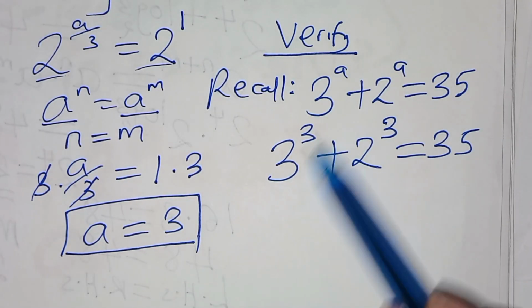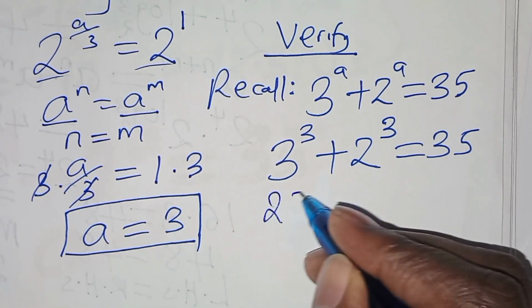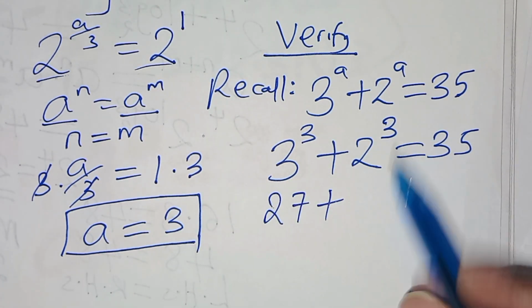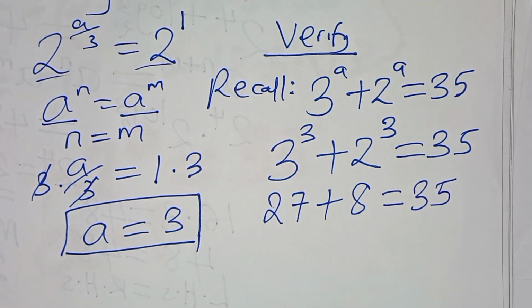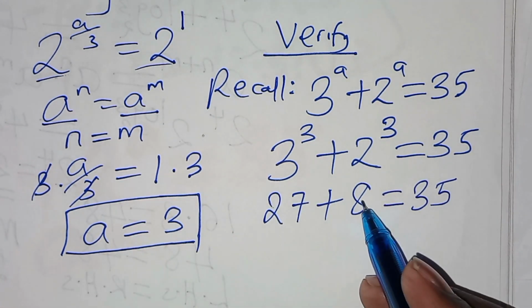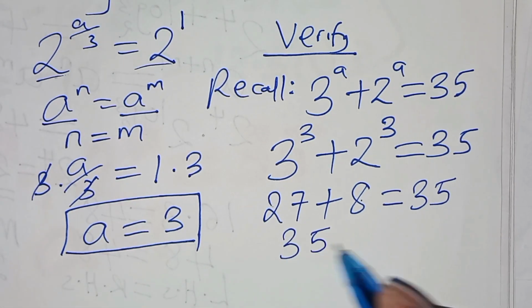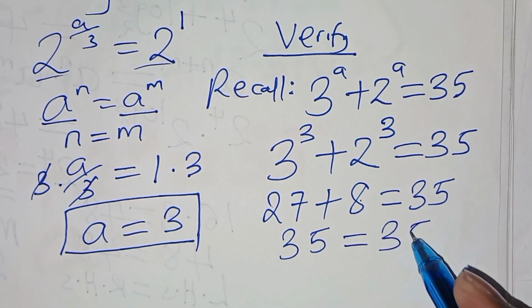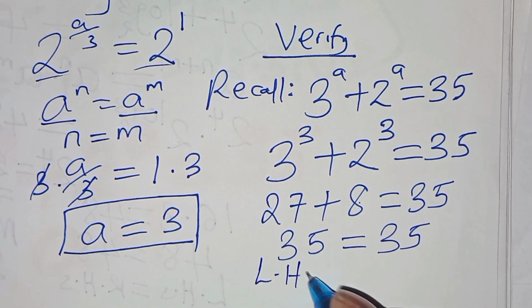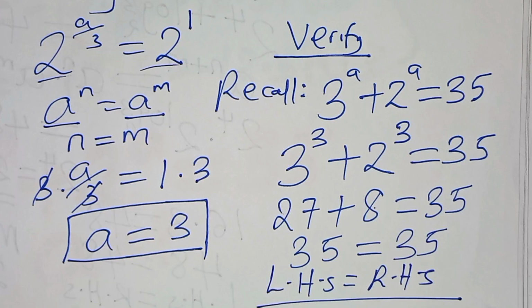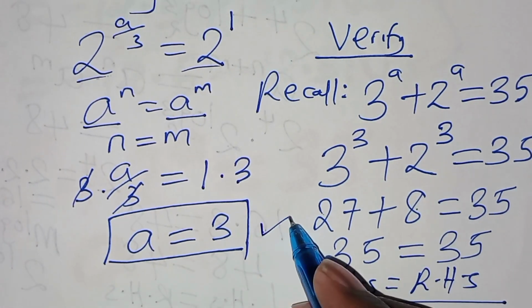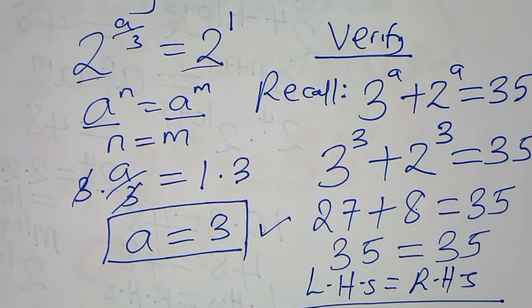So here we have 3 to the power 3, which is equal to 27, plus 2 to the power 3, which is equal to 8. This should give us a value of 35. So 27 plus 8 is actually equal to 35. And that implies that the left hand side is equal to the right hand side. And therefore, the value of a, which is equal to 3, satisfies the equation.